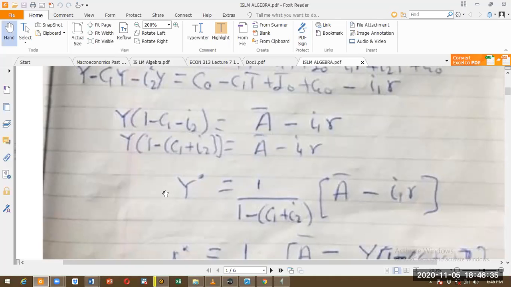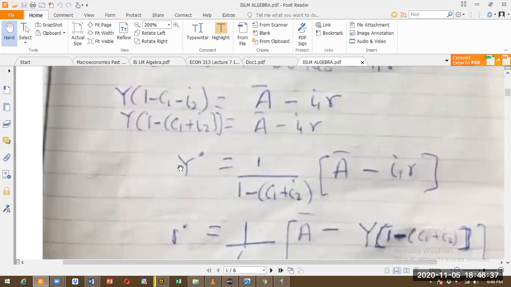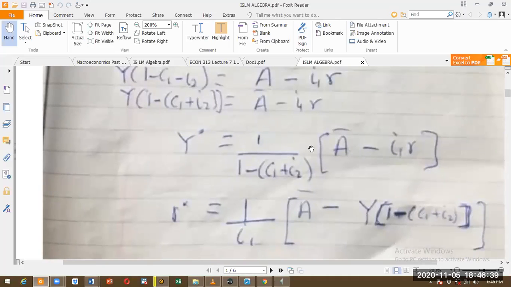Okay, so this is our IS equation. You can also choose to write it in terms of R, but just note the negative sign here. The negative means that for the goods market, there's a negative relationship between output level and the interest rate.